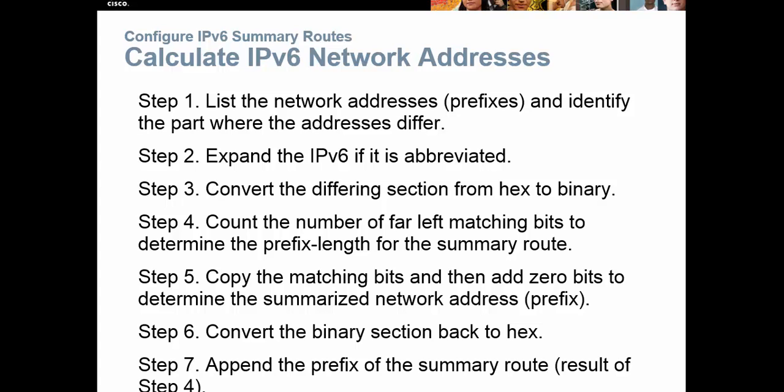That's the part that's very similar to your IPv4. Copy the matching bits, then add 0 bits to determine the summarized network address or the prefix. Convert the binary section back to hex, and then append the prefix to the summary route. And that's what we came up with in step 4.